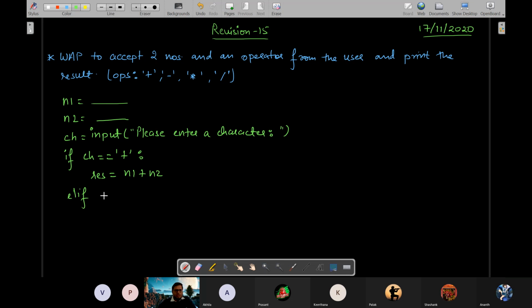Elif, because more than two possible cases can be there, or rather will be there. So you'll write like this. Elif ch multiplication.